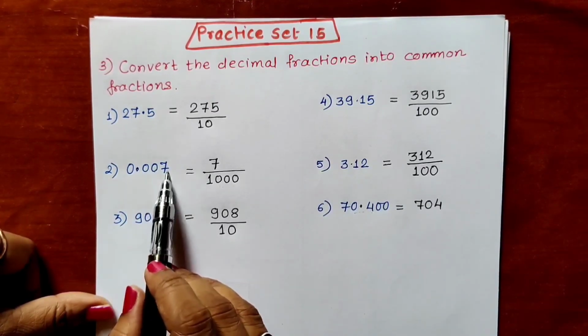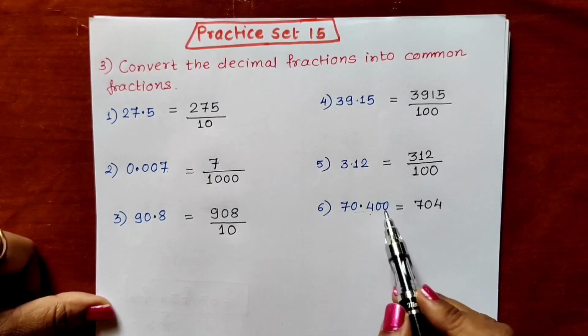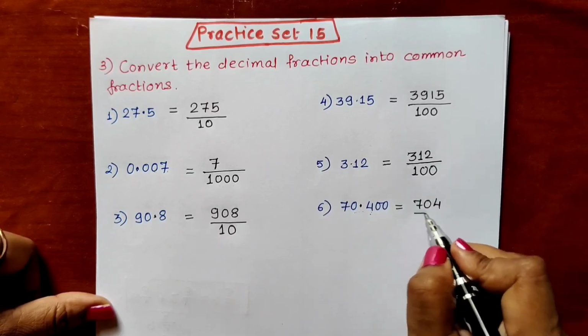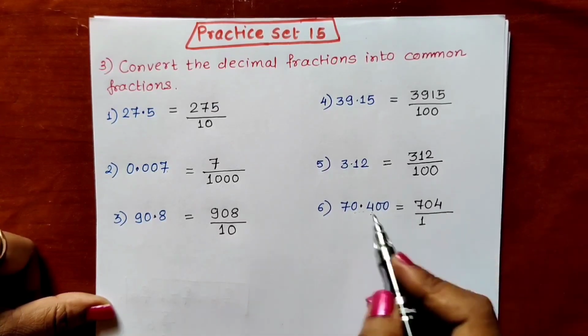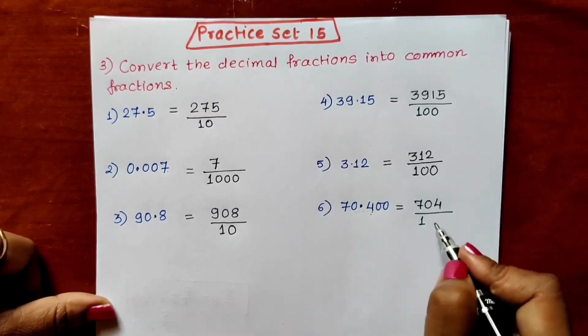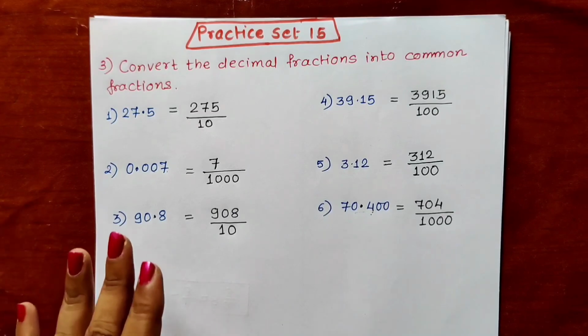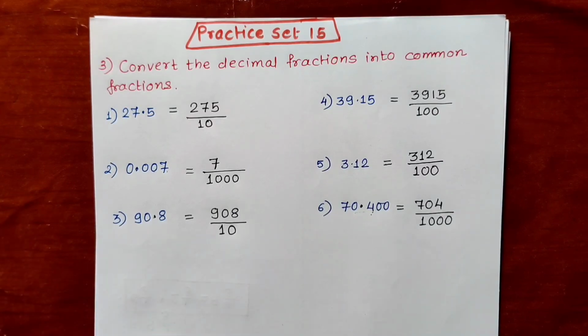After decimal point we have written 7 directly. Similarly we have to write 4 only. We should not write these zeros. Okay, and then write 1 in the denominator. After decimal point how many digits are there? 1, 2, 3. So we will put 1, 2, 3 zeros. In this way writing into common fraction is very easy. So here we have completed our practice set 15 all questions.